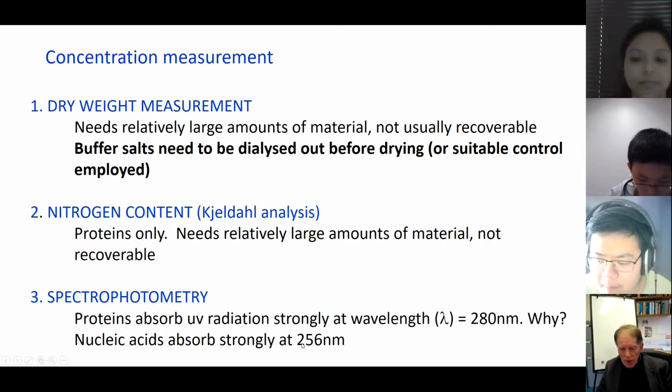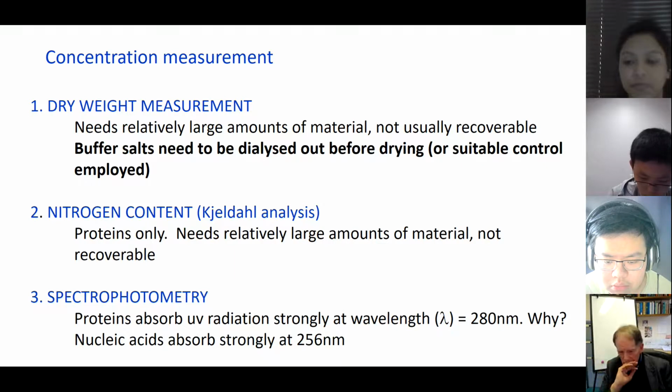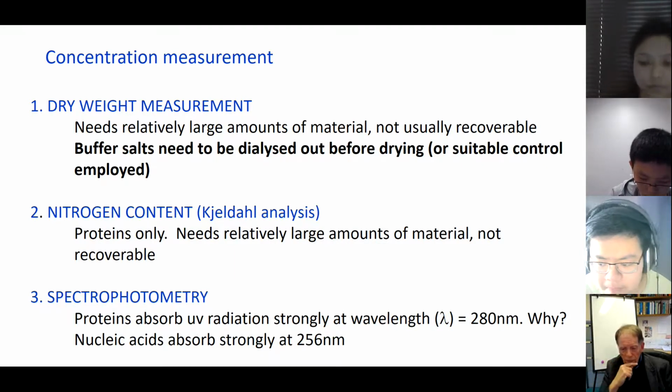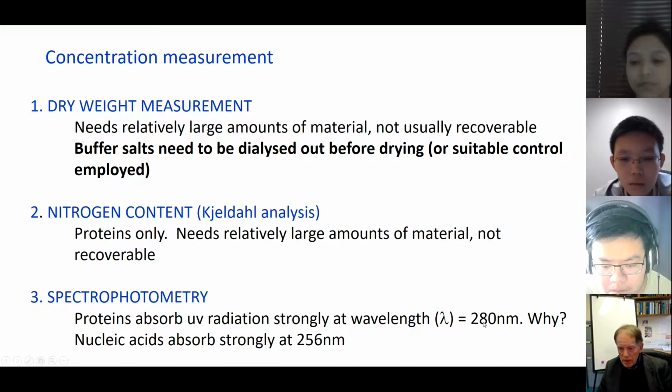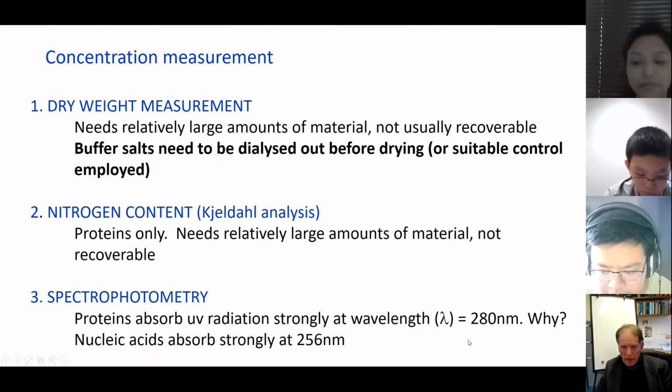Nucleic acids absorb strongly around 256 nanometers, and that's because the nucleotide bases absorb around there. So if we're using a spectrophotometer for looking at proteins, normally we go to 280 nanometers, and for nucleic acids around 256 nanometers.